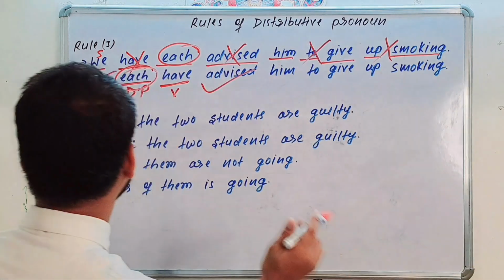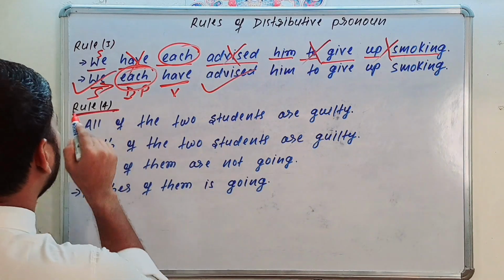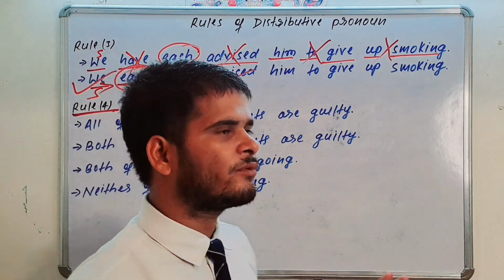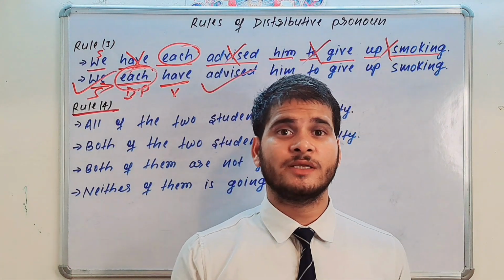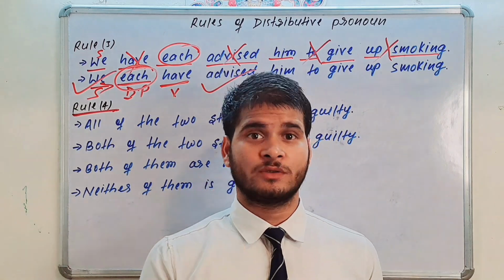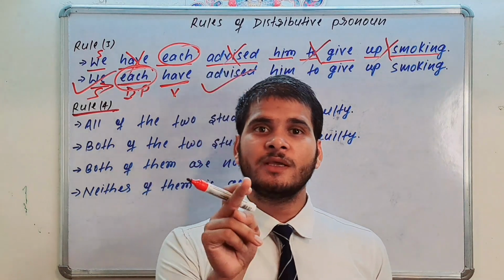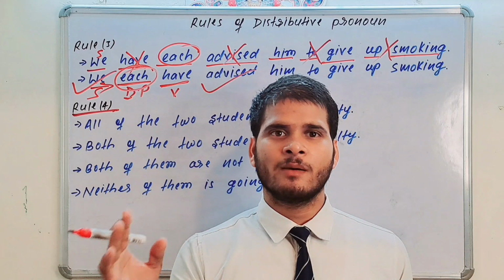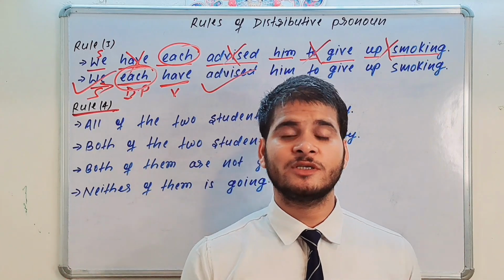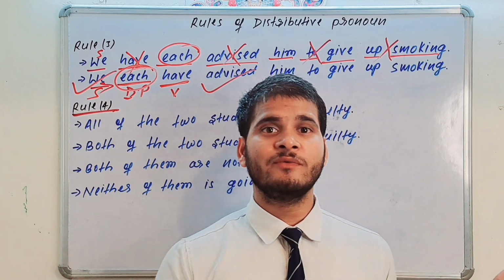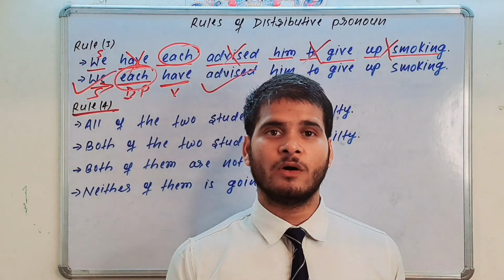And now let's learn the fourth rule. The fourth rule of distributive pronouns is based on both. Both is also a distributive pronoun, and we will learn the use of both.